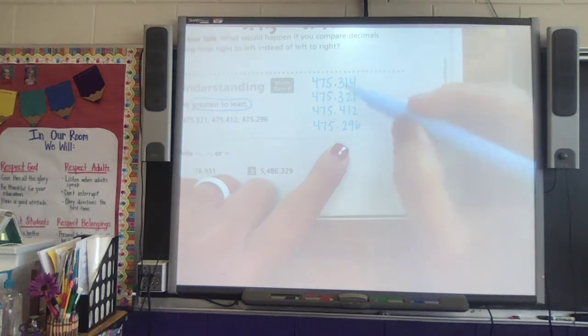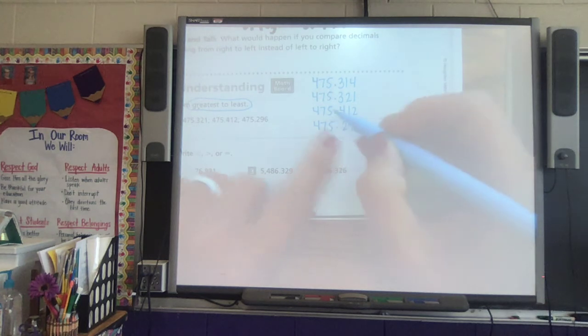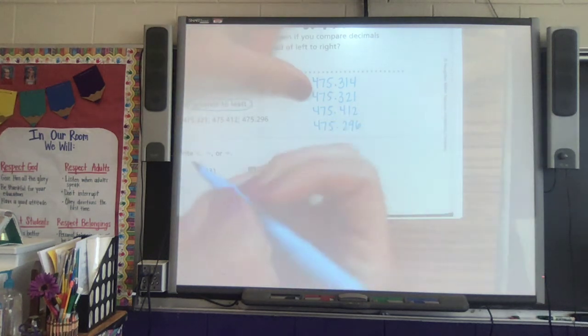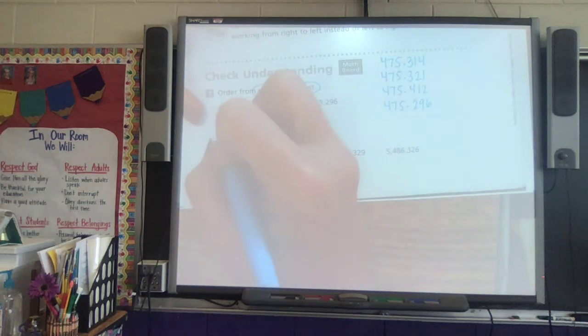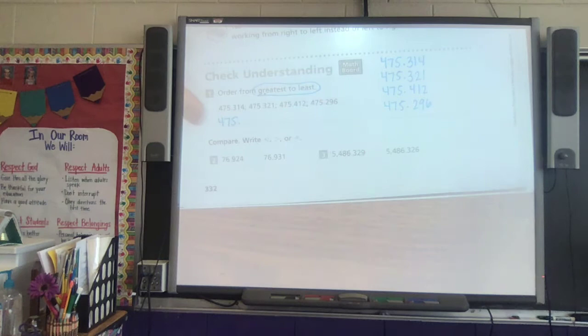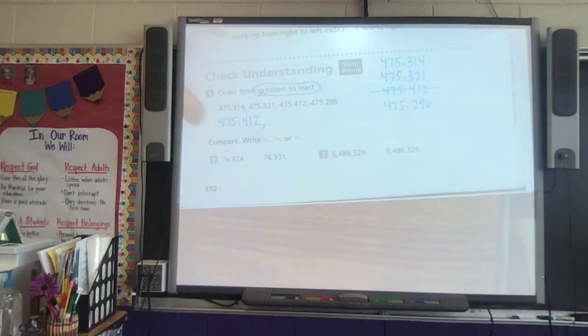So already, when I look at my tenths, I have 3, 3, 4, and 2. So right now, I know this third number is my greatest. So I'm going to write it over here. 475 and 412 thousandths. That's my greatest value. Okay? Then I had a 2, a 3, and 3. So I need to look at my 3's. They're the same.